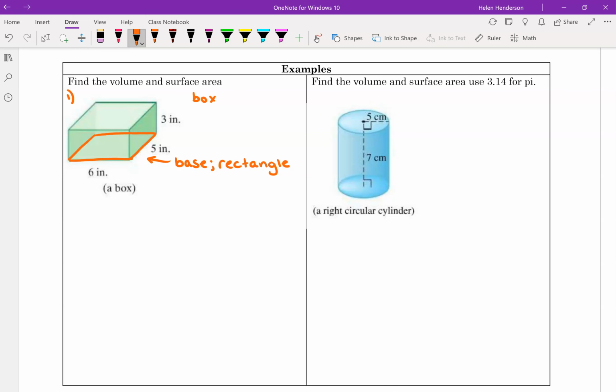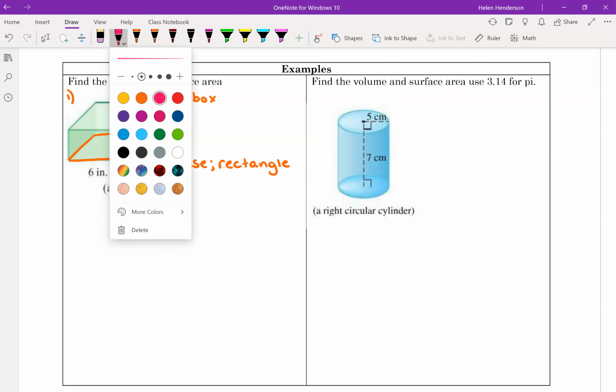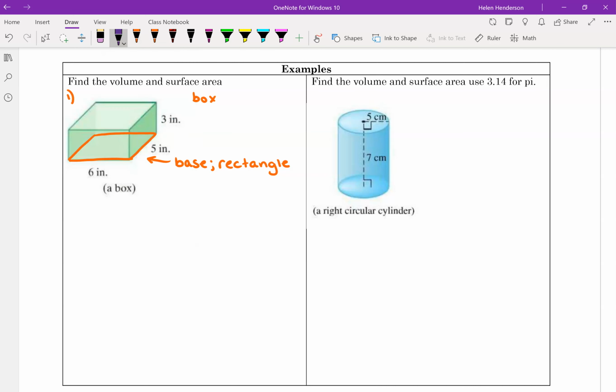So if I want to find the volume of the box, it's going to be the area of the rectangle times the height.